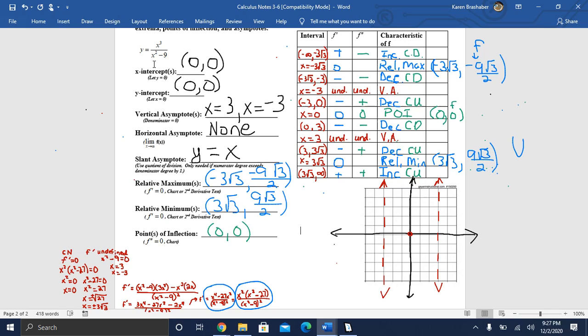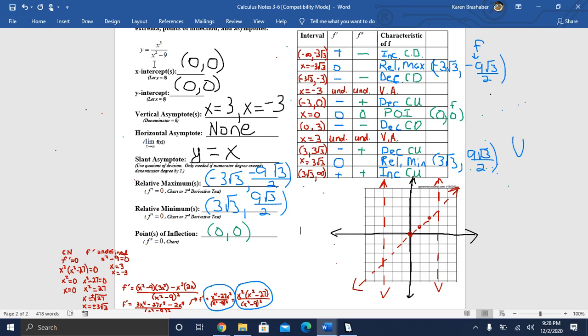That will start at 0, 0 and go up 1, right 1. And up 1, right 1. So you've got a slant asymptote. And be careful drawing this, that you stay in line. So those are the 3 asymptotes that you have.